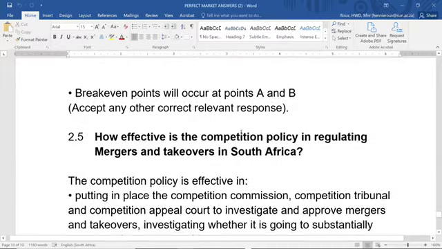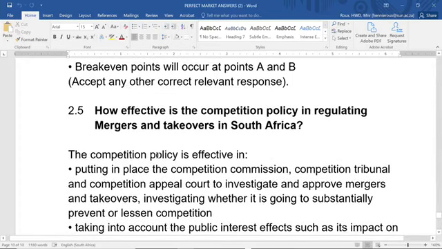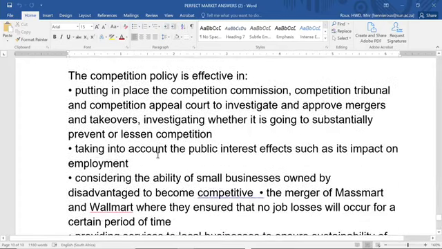How effective is the competition policy in regulating mergers and takeovers in South Africa? Right, so I touched on this a little bit earlier on, but we have to look at where they have been effective, okay?